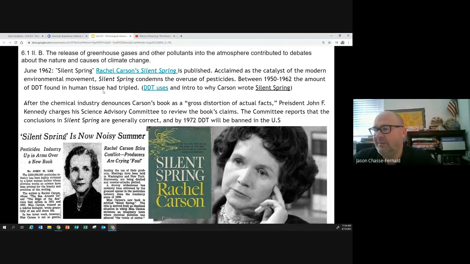So the reaction or the effects of this book have a massive global consequence, right? So it's going to force the rest of the world to stop using it, right? It's not being produced anymore. No one's going to distribute this stuff, and no one's going to buy stuff that touches that. So what we have is a partially fulfilled mission of trying to eradicate DDT malaria in the developing world.